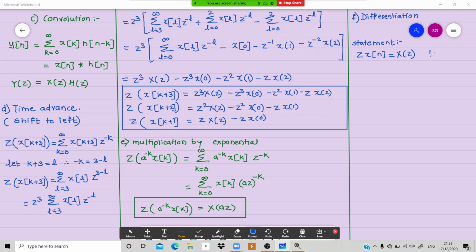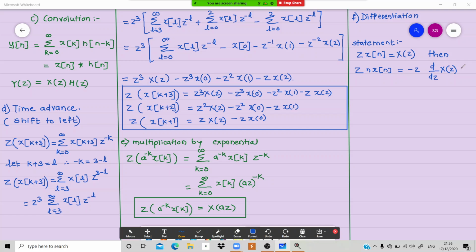Then if you are taking the Z transform of n x(n), that is going to be minus z d/dz of the Z transform of that particular function.